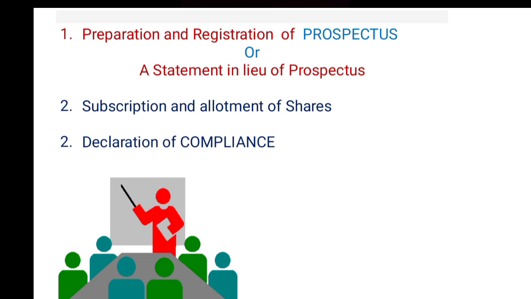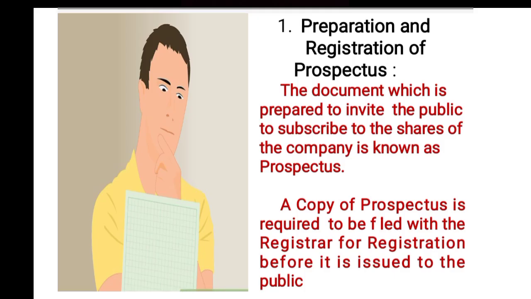So we will start from the first point, and that is preparation and registration of prospectus. The document which is prepared to invite the public to subscribe to the shares of the company is known as a prospectus. A copy of the prospectus is required to be filed with the registrar for registration before it is issued to the public. This is a very important condition.